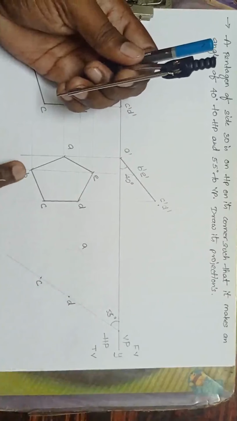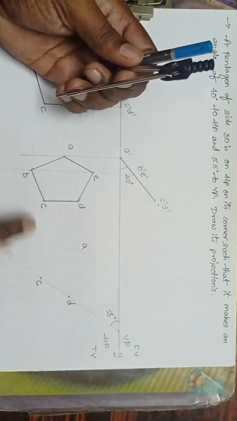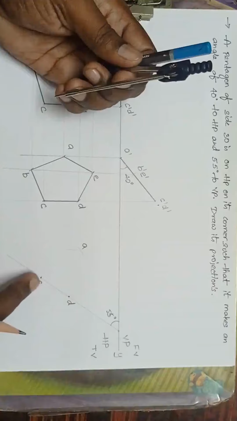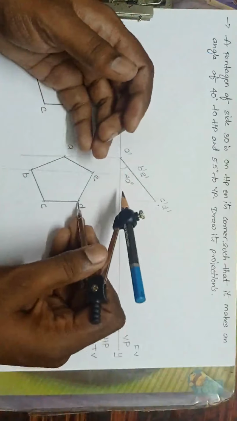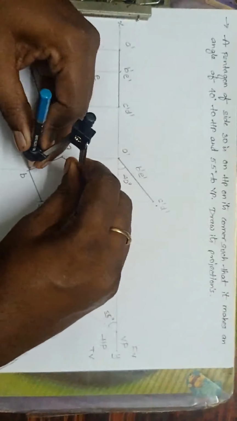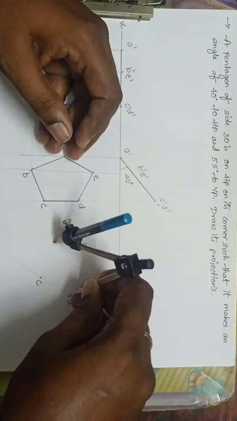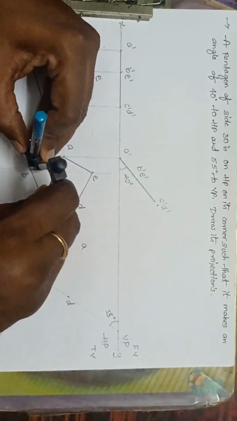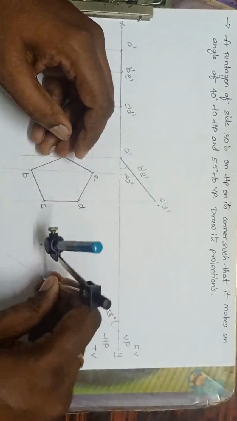Next I want B. What to do? Same, I will take CB and DB because I have D and C. Done. I will take D and B as a radius, D as a center, draw a curve. Next I will take CB. Yes, C as center, cut here.